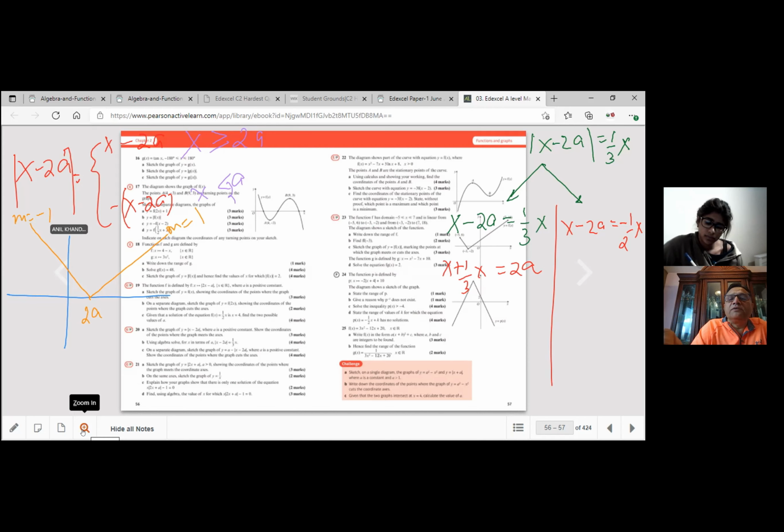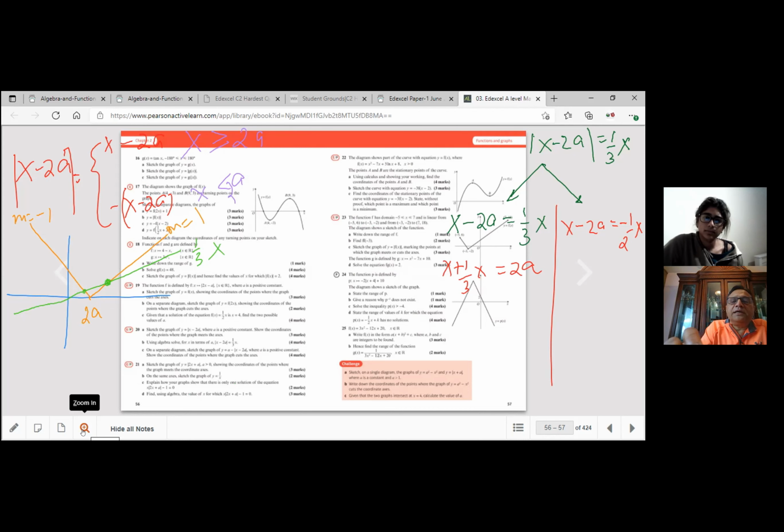The other equation given to you is 1/3 of x. 1/3 of x can intersect only quadrant 1. Do you see that? And the two points are these.